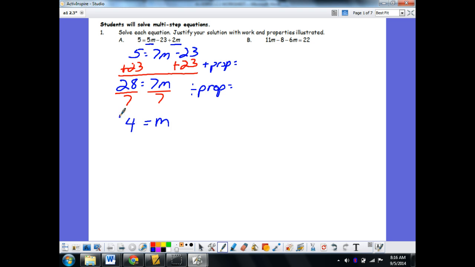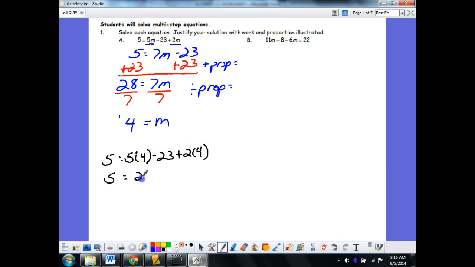And again, you can check this by plugging 4 back into every single m in the original equation. Is 5 equal to 5 times 4 minus 23 plus 2 times 4? And remember order of operations. We do the multiplication first.